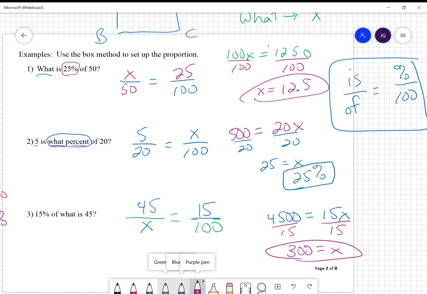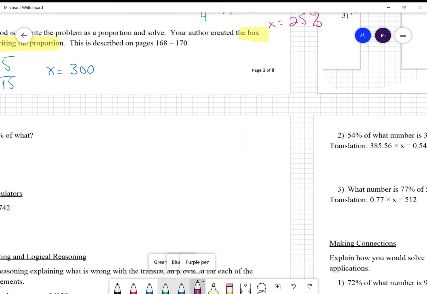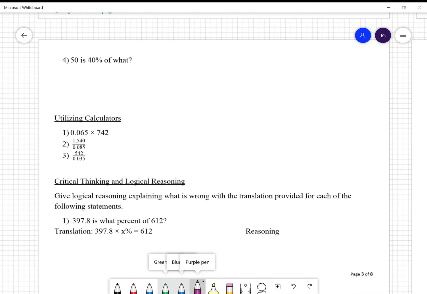Okay, and I don't care whether you use translation, the box method, or is over of method. You'll probably find one that you like better than the others. So number 4, 50 is 40% of what?